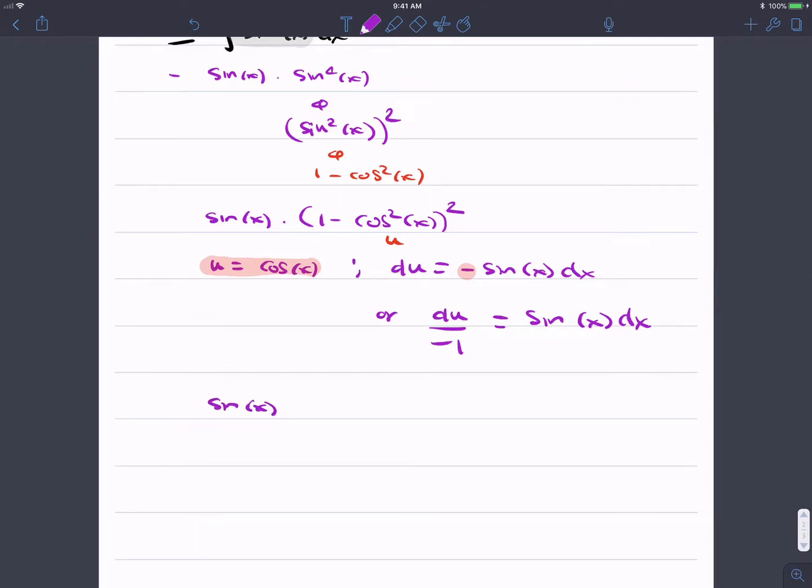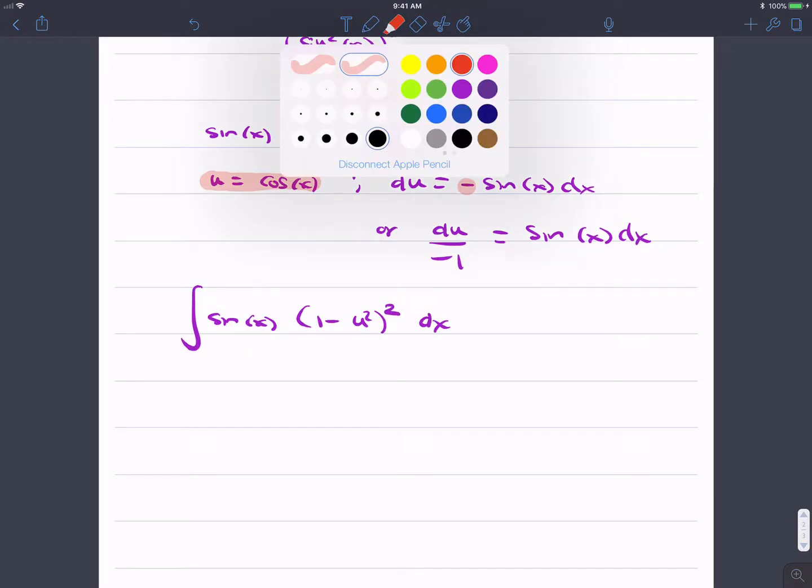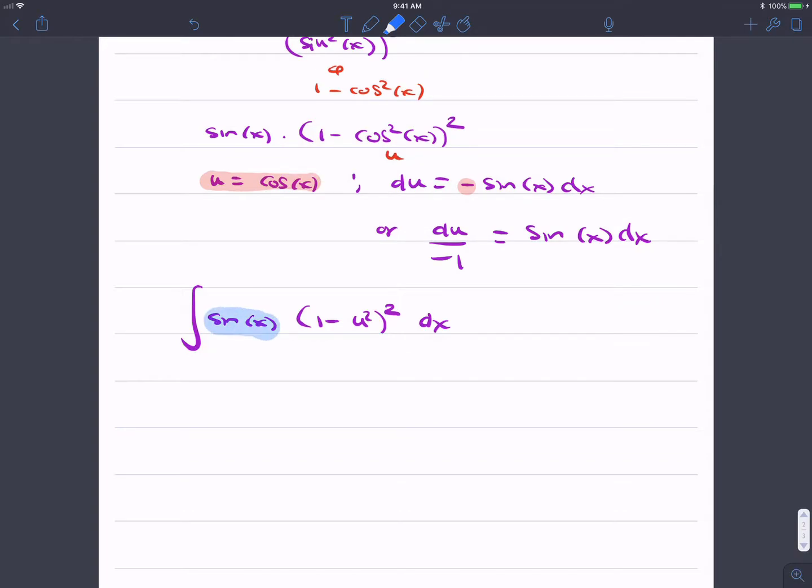Sine times (1 minus u squared) squared. So remember, we're supposed to integrate this with respect to dx. Now, sine dx is really du over negative 1. So we're going to replace this sine dx with du over negative 1. So I get (1 minus u squared) squared du over that negative 1.